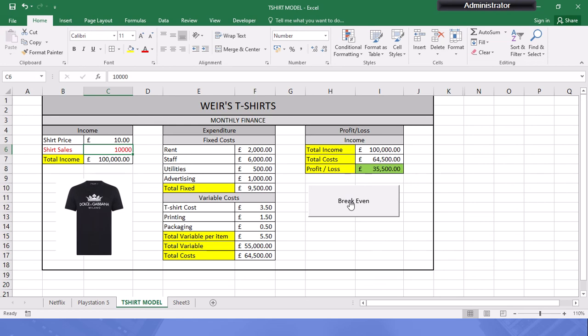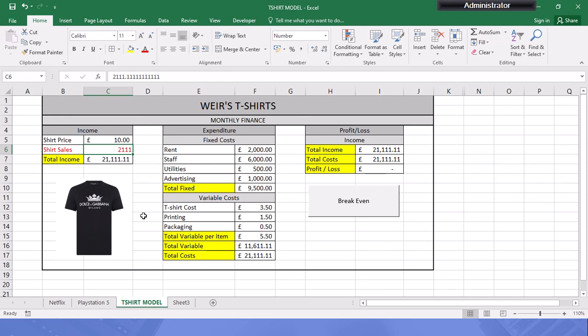So I'm going to press that button now, and it's worked it out as 2,111 t-shirts. If I sell them at £10 each, and it costs £5.50 to make, then I will need to sell that many and I will make zero. So I'm not losing any money, I'm not gaining any money. That is our minimum target.